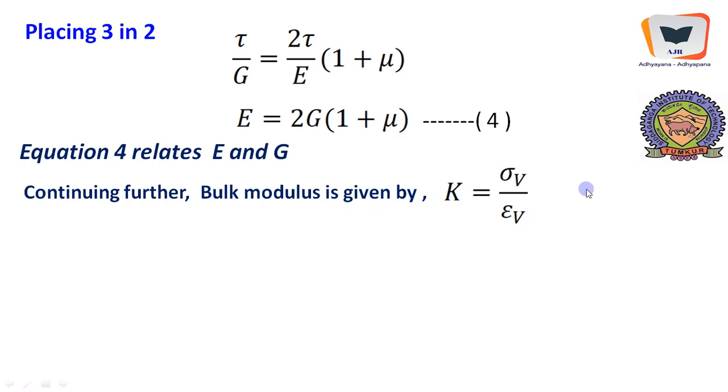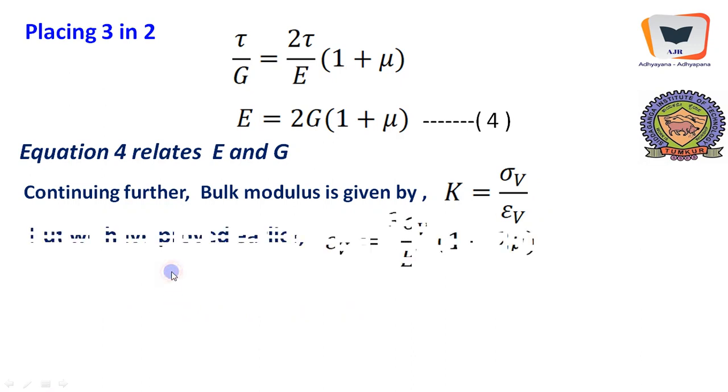Viewers can recall, or go through once again, the previous tutorial, tutorial number 8, where we proved volumetric strain is given by 3 times volumetric stress divided by E into (1 minus 2 mu).